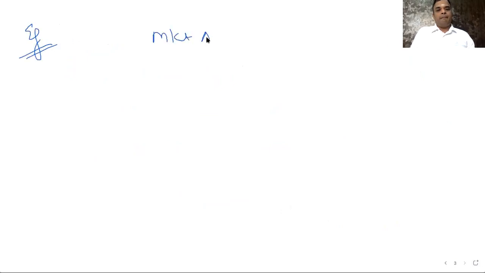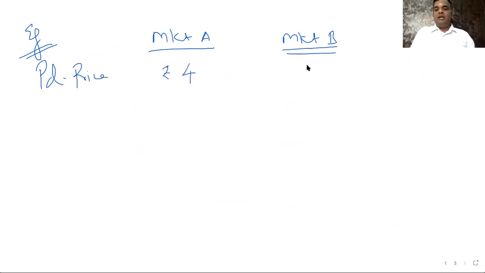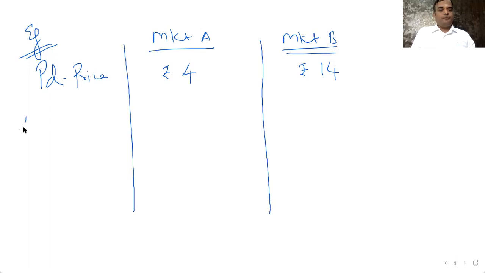Now, if I give a small example, you will be able to get a grip over the concept. Assume market A and market B. The price of the product in market A is, assume, 4 rupees, and in market B it is 14 rupees for the same product. Then what will you do as an investor?